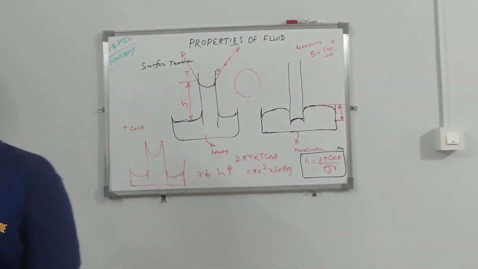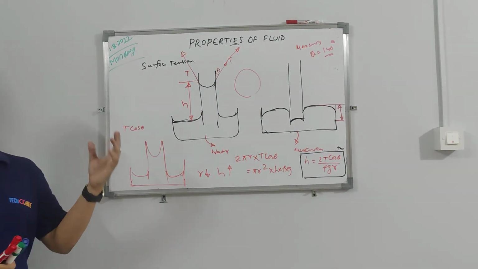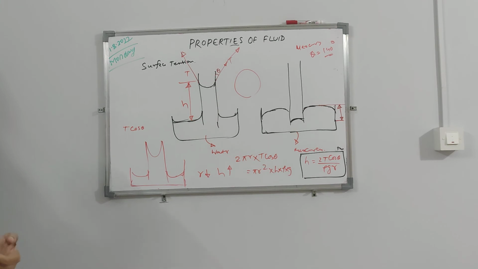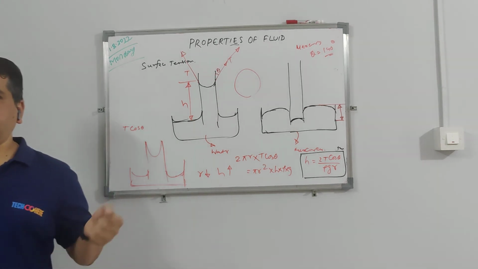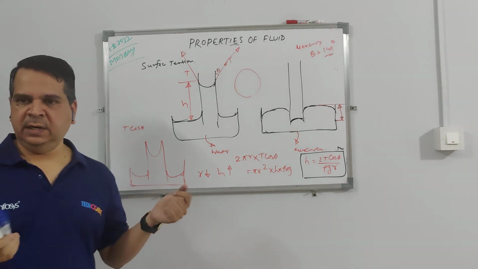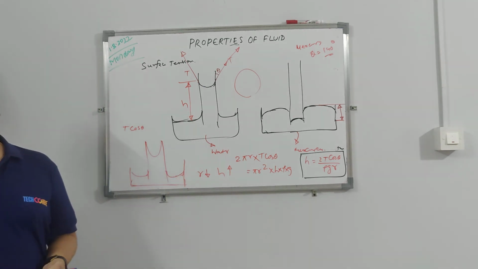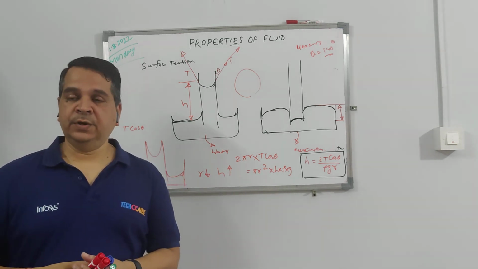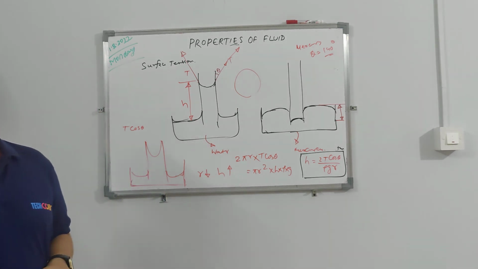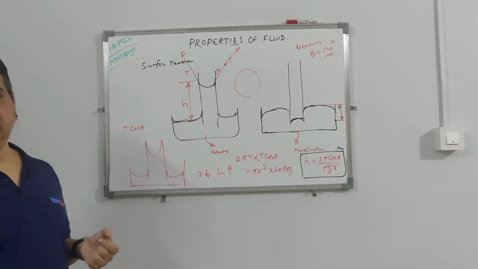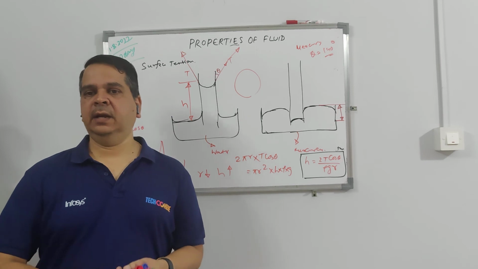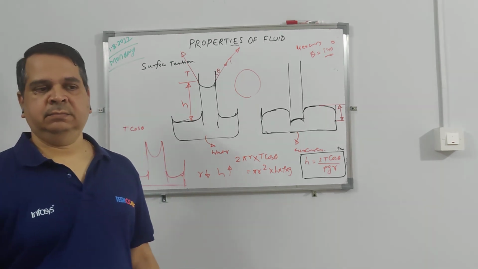Now you understand capillary rise, the force per unit length, and adhesion and cohesion. These are some of the key takeaways of properties of fluid under surface tension. Another important thing: a capillary tube is like the roots of your trees.